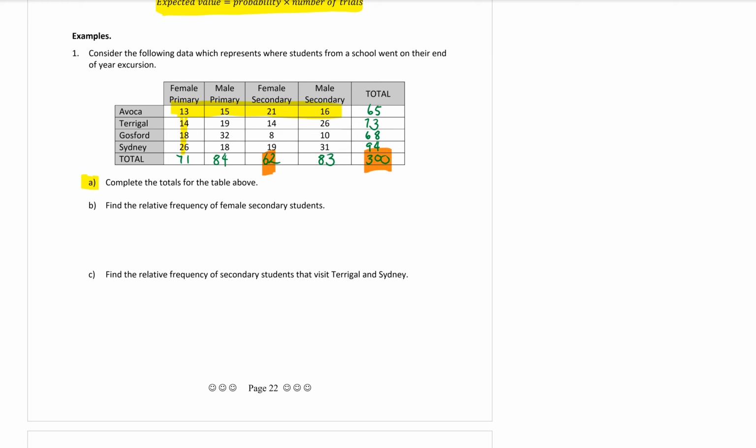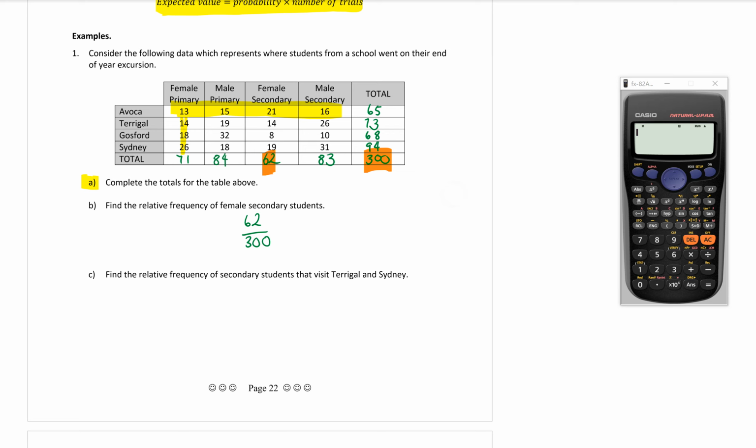So we write that like we would a probability. There was 62 out of 300. And we can simplify that on our calculator. So it's 31 out of 150.